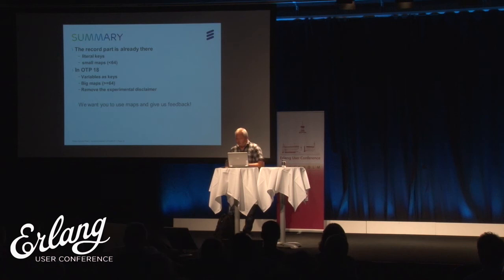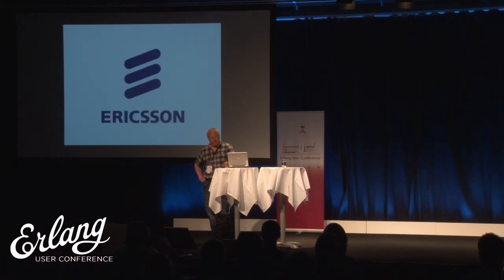So we want you to use maps so we can get feedback. Because now is the time to change anything, if any time. It's hard to get rid of things that you get into the releases. So that was all my slides.